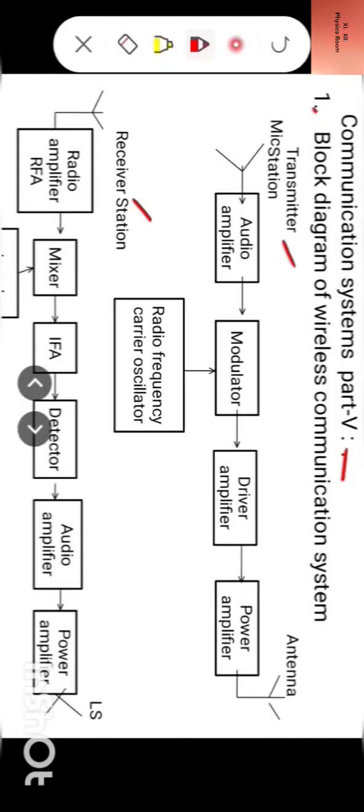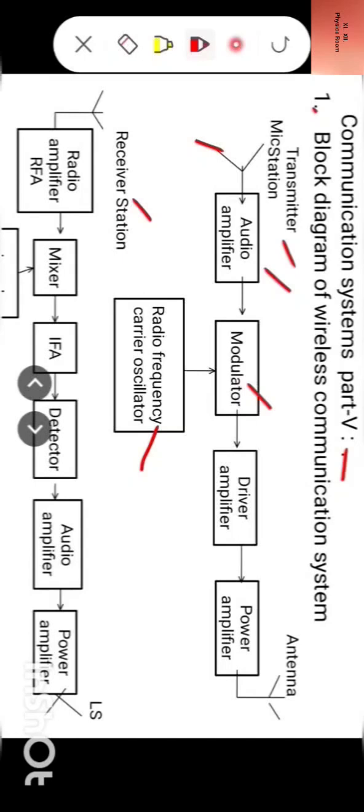So in transmitter station, here we generate a carrier frequency, which is a radio frequency, and here we have mic which converts audio energy into electrical energy, and this electrical energy is amplified in an audio amplifier. Now this information signal is mounted over carrier in the modulator circuit.